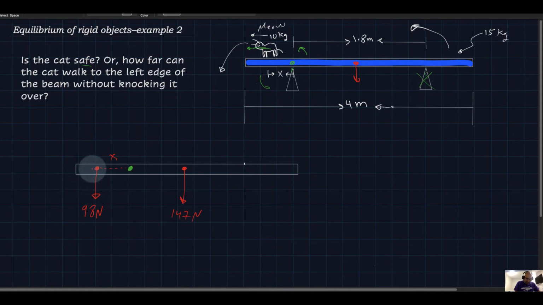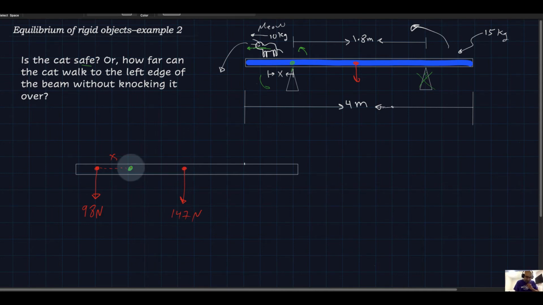If the cat moves a little bit further here, this whole system will be knocked down. So this is the last point of equilibrium, so to speak. All right, so that's the best way to approach this one.